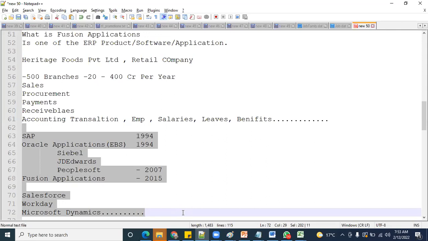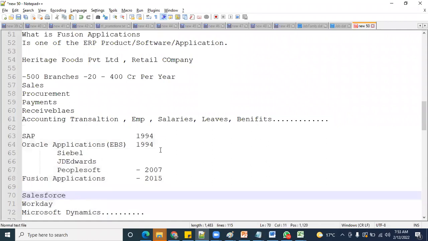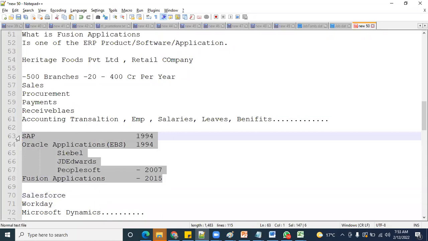Procurement data, yes, we have. My employees' data, yes, we have. But I have a manufacturing business. I want to maintain my inventory information, my godowns information, manufacturing business information. Nobody will come. Only two are there, either Oracle or SAP.